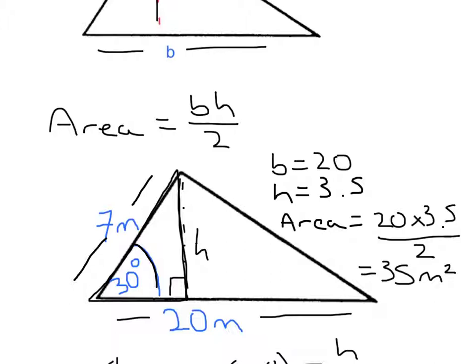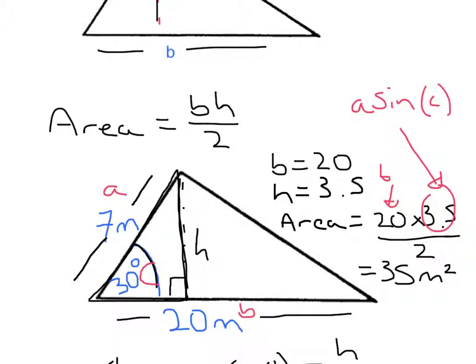And now we're going to condense all that down into just one simple formula. So if you label this side A, the base is side B, and if we say this is angle C, what we've got, our area, we have B here, this number here, as we worked out, is A sine C, and is all divided by 2.